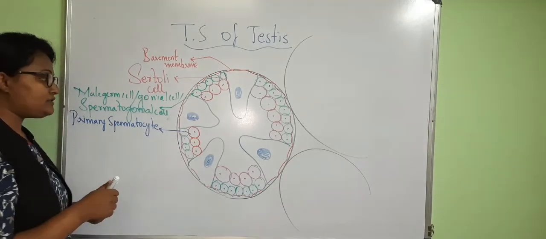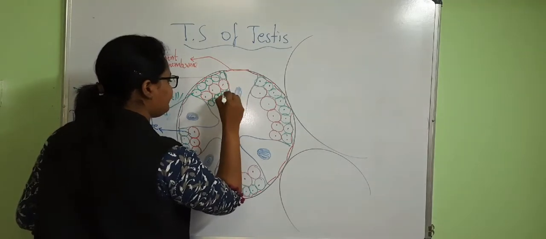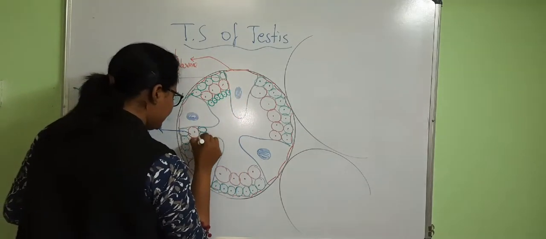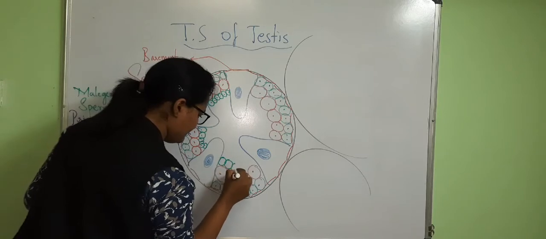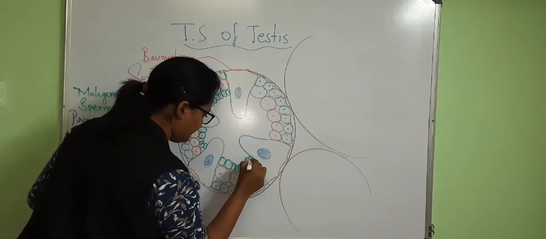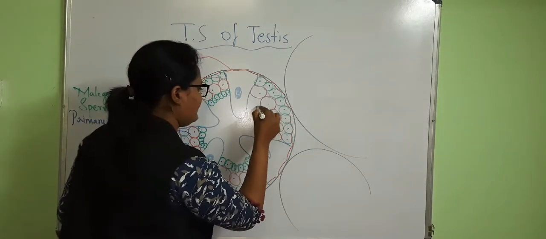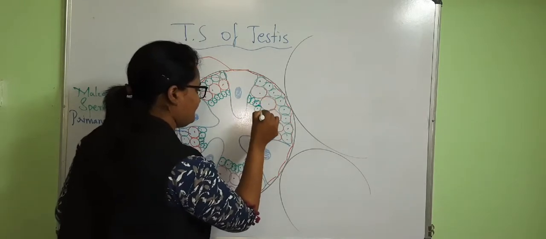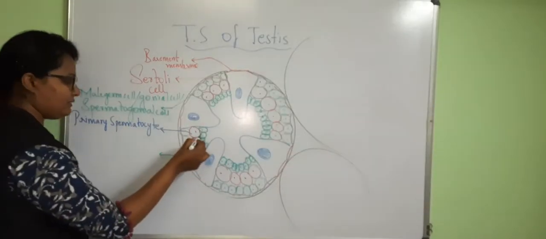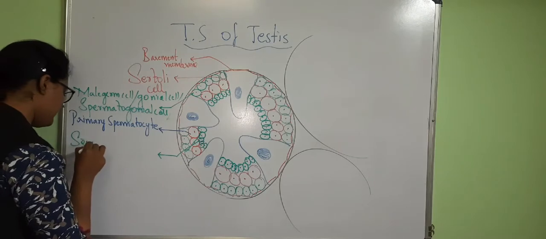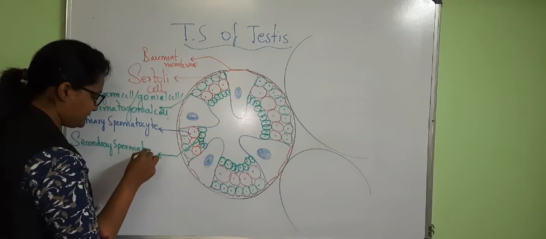That is first meiotic division, and they form two cells, and these cells are secondary spermatocyte.